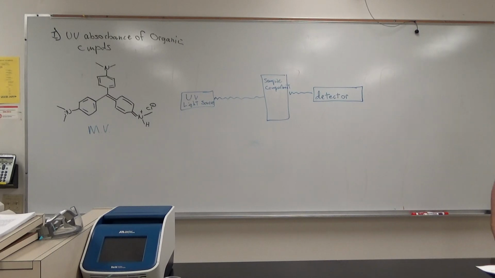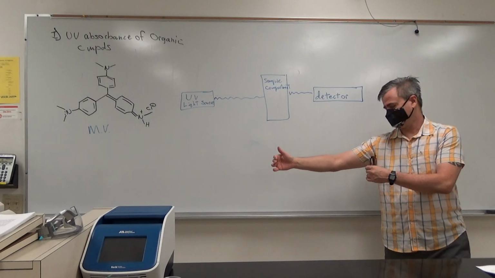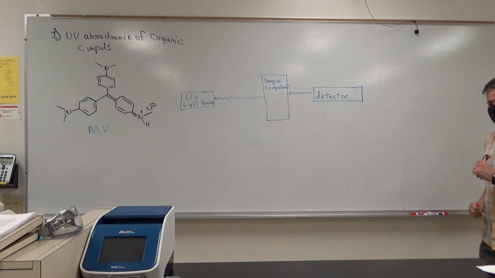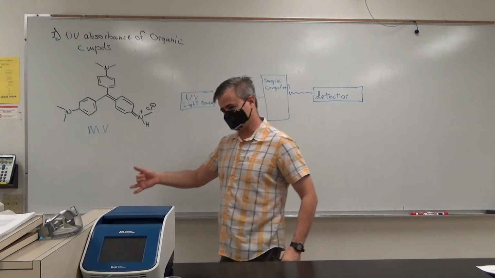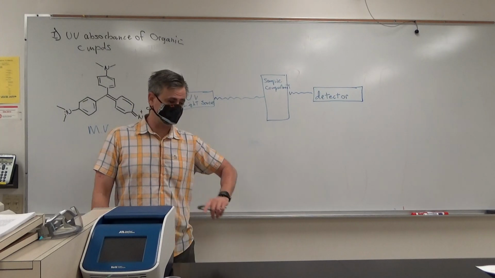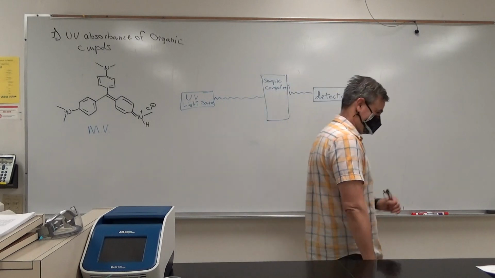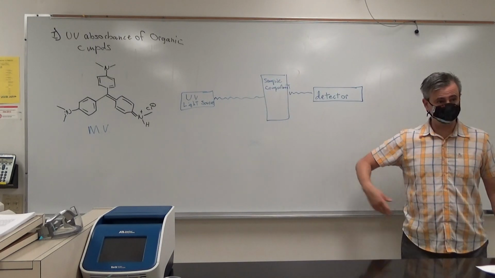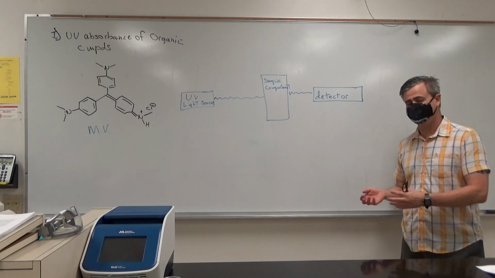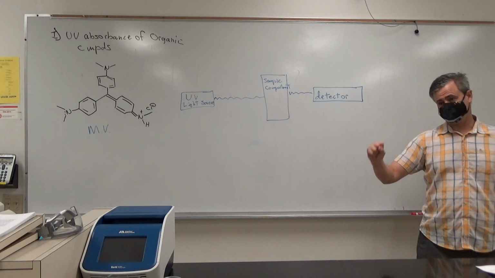If this is the sample compartment where the solution is, and pretend I'm light, running through trying to get to the other side, and I bump into a molecule that's got alternating double bonds, I'm UV light, it's going to absorb me. So what are the things that can affect my ability to get through the sample compartment? Concentration. The more concentrated it is, the more likely it is that I am going to run into one of those molecules and be absorbed.